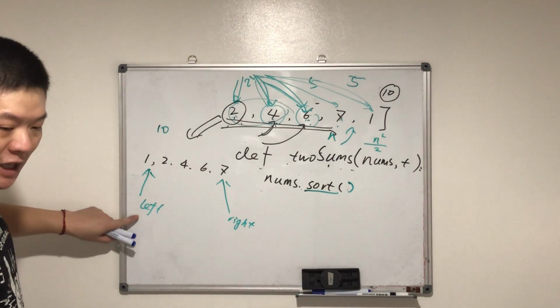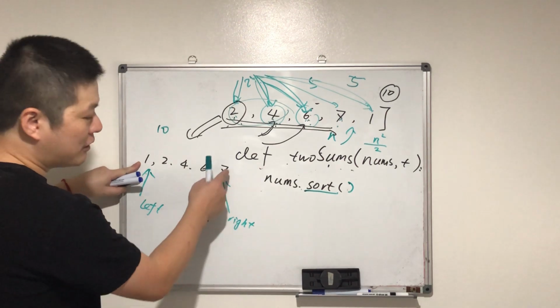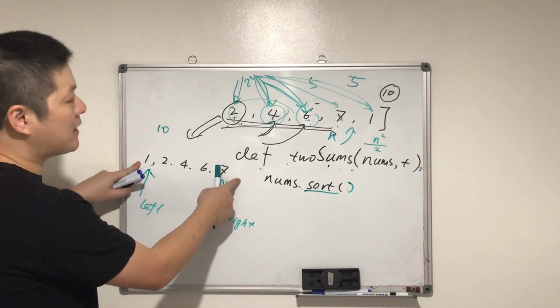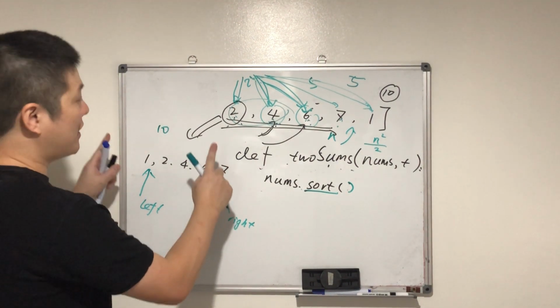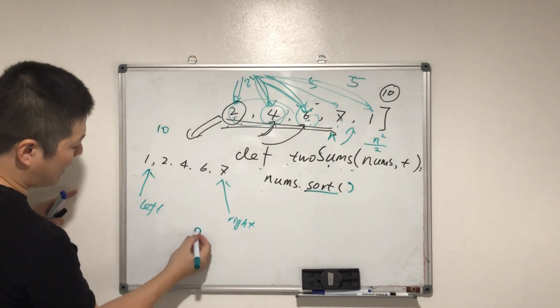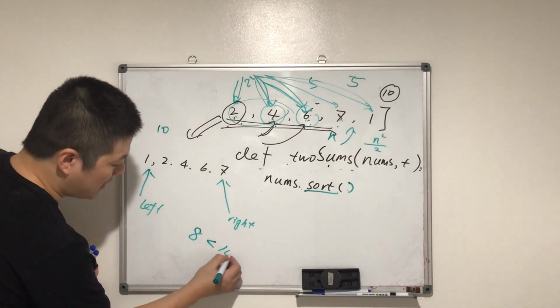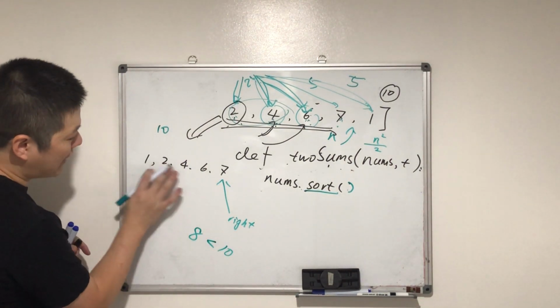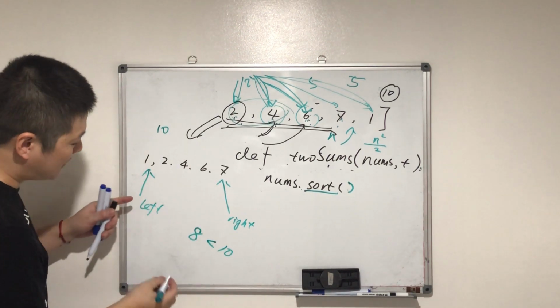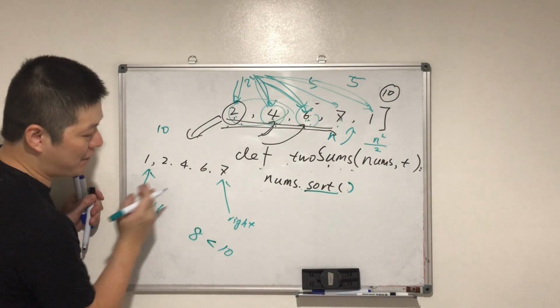So now left is pointing to the smallest number, right is pointing to the biggest number. What's the sum of the numbers pointing at both? 8. 8, well done. So the sum is smaller than 10. We're looking for any two numbers adding up to 10. So tell me, should I move the left to the right or the right to the left?